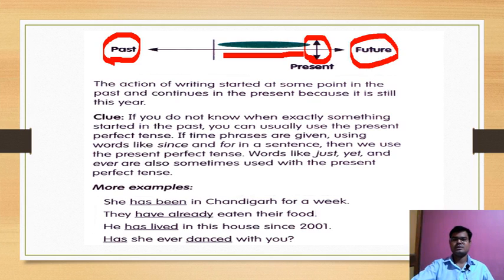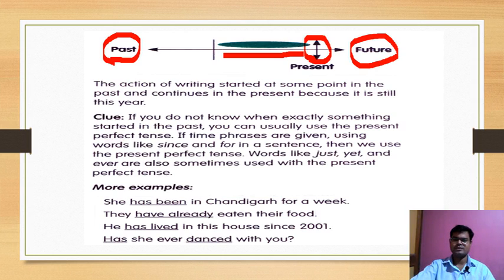If you don't know when exactly something started in the past, you can usually use the present perfect tense. If time phrases are given using words like since and for in a sentence, then we use the present perfect tense. Whenever we use since or for, we use present perfect tense.